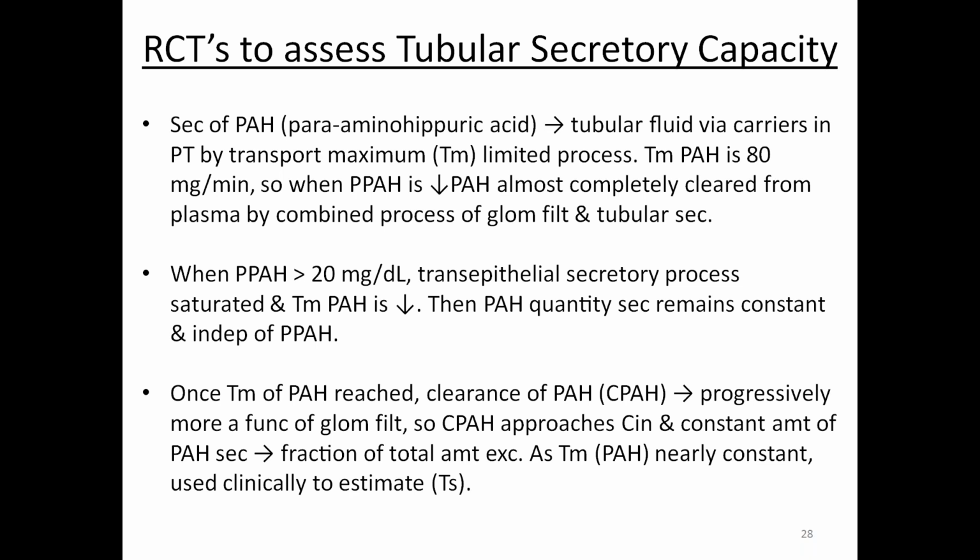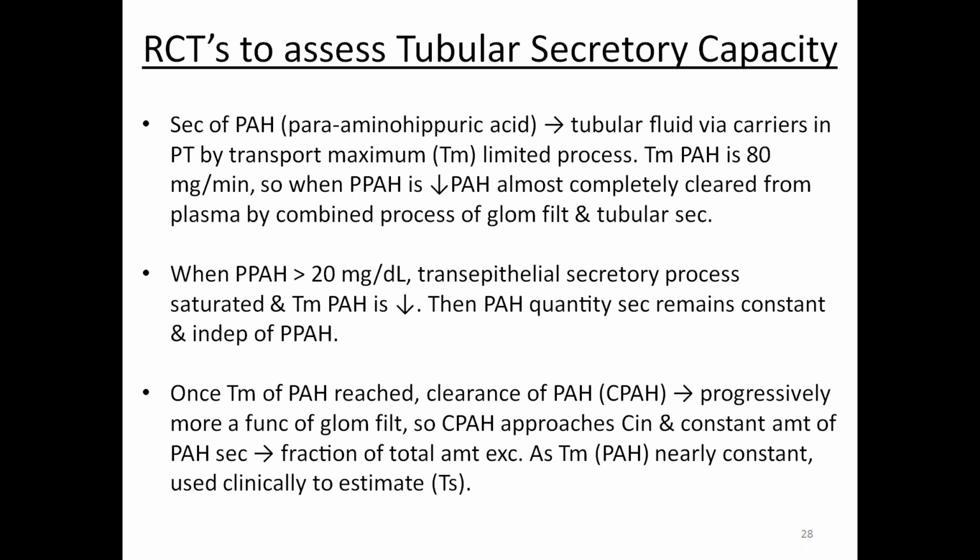The TM of PAH is 80 milligram per minute. When PAH is at low plasma levels, it is almost completely cleared from plasma by the combined process of glomerular filtration and tubular secretion.